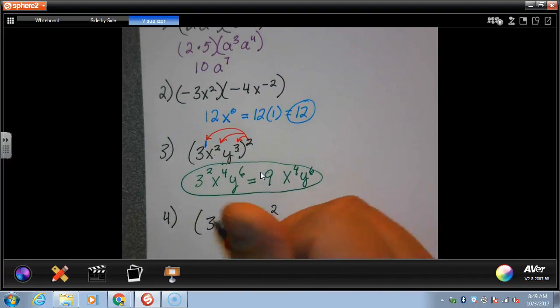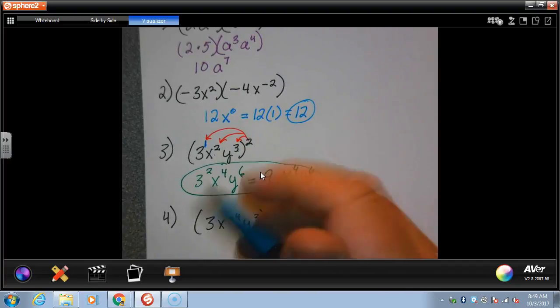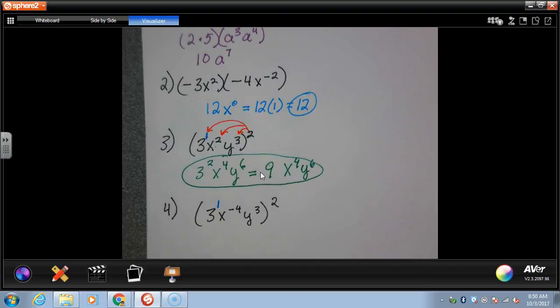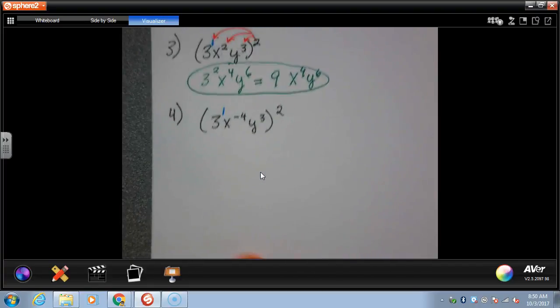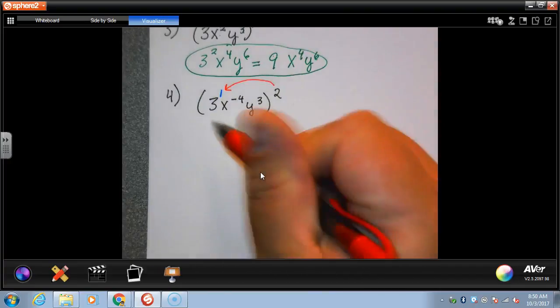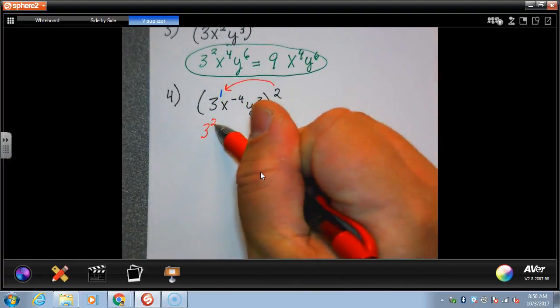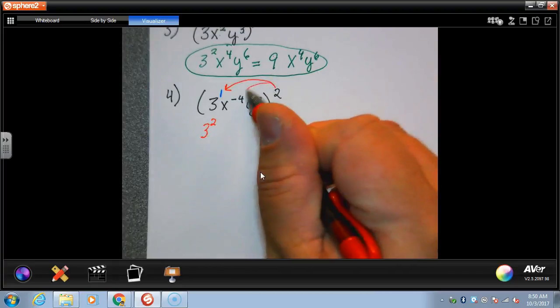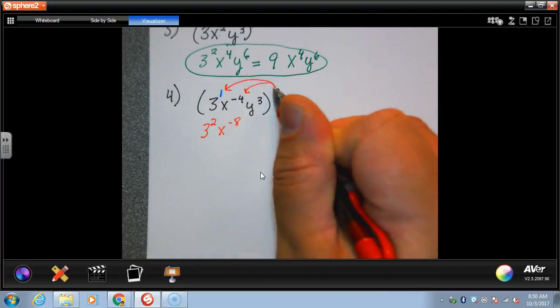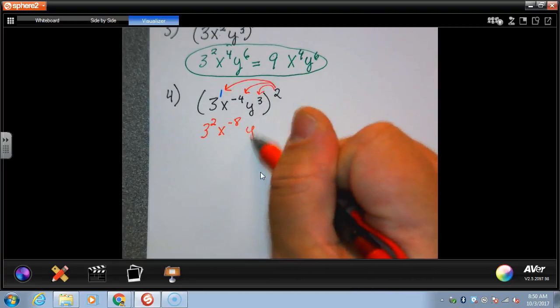Again, an exponent of 1 on my number. I'm going to think of it as distribution. 2 times 1 is 2. 2 times negative 4 is x to the negative 8. And 2 times 3 is y to the 6.